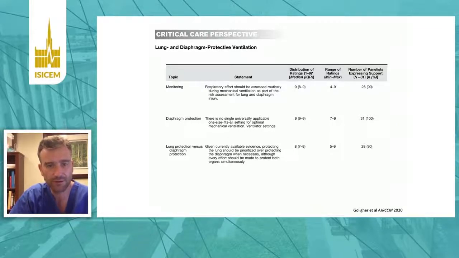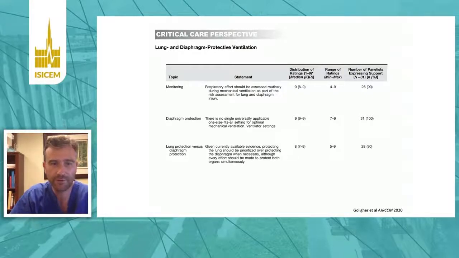And I think these three deserve to be highlighted. First of all, there is a high level of consensus that respiratory effort should be assessed routinely during mechanical ventilation as part of the risk assessment for lung and diaphragm injury. In 2020, it's very difficult to say that you've adequately assessed the risk of a lung injury or diaphragm injury if you're not continuously monitoring or regularly monitoring respiratory effort.